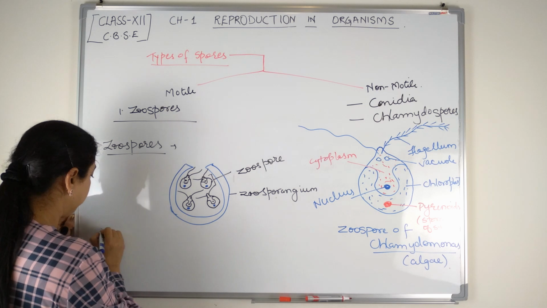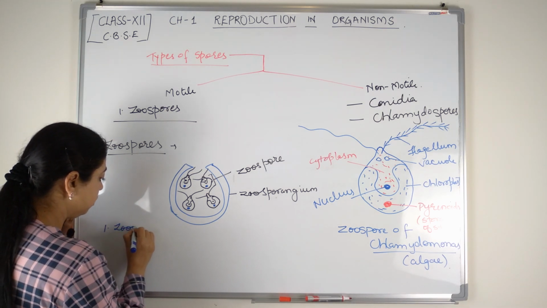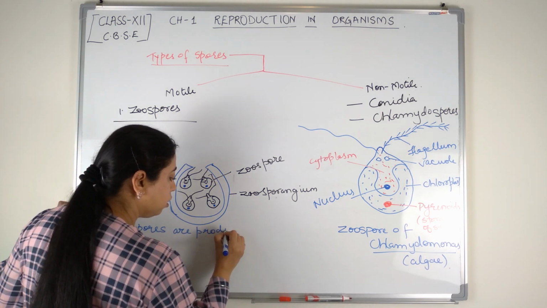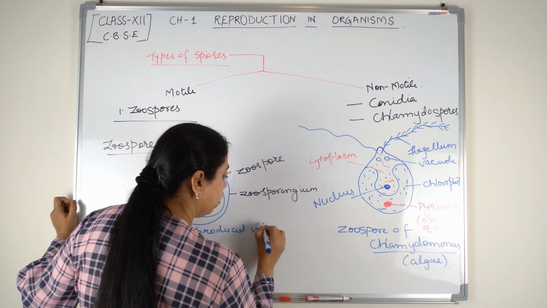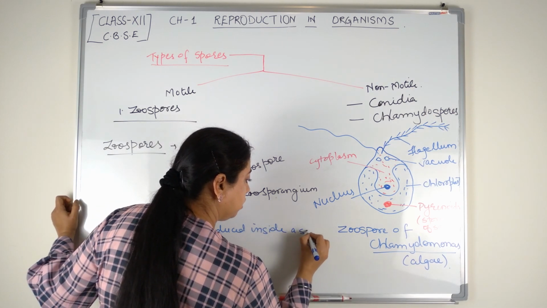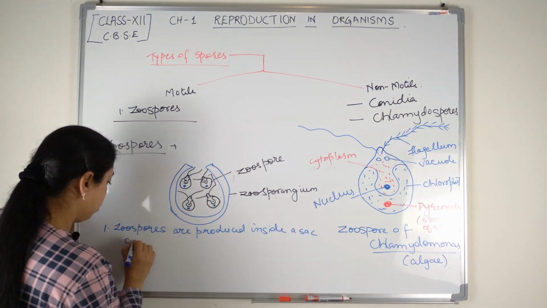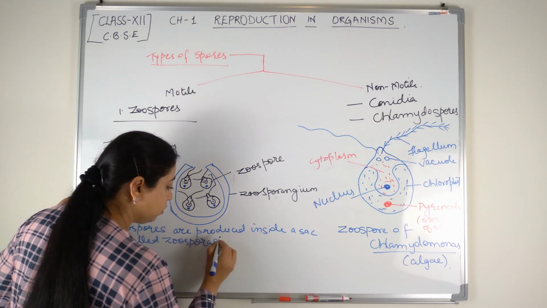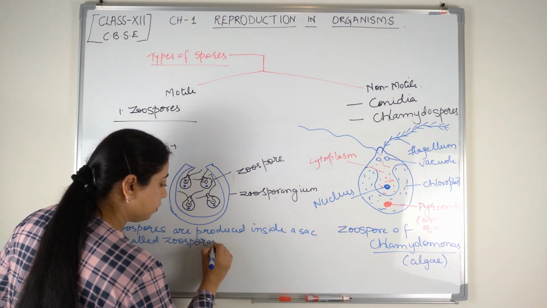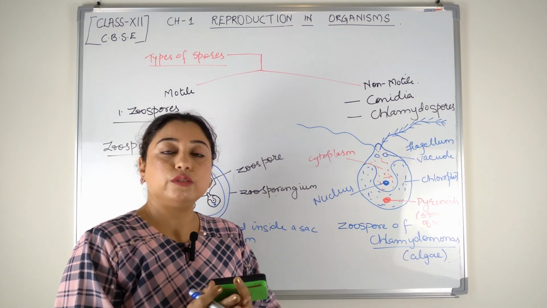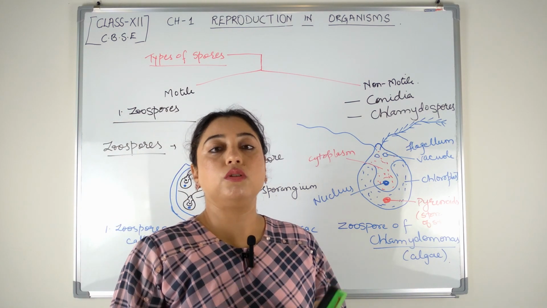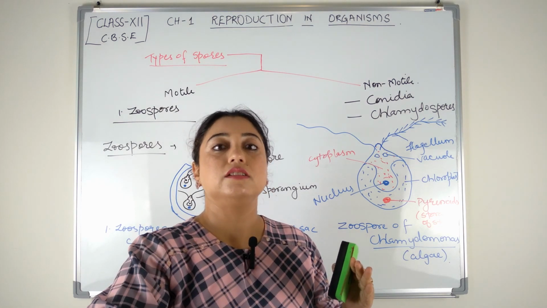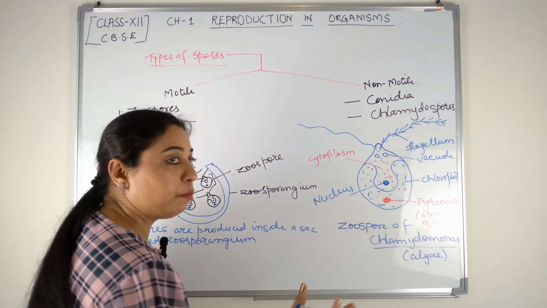So the first point will be: zoospores are produced inside a sac called zoosporangium. Because of this, it is considered that zoospores have endogenous origin. Endo means they are produced inside something else. They are covered by something.